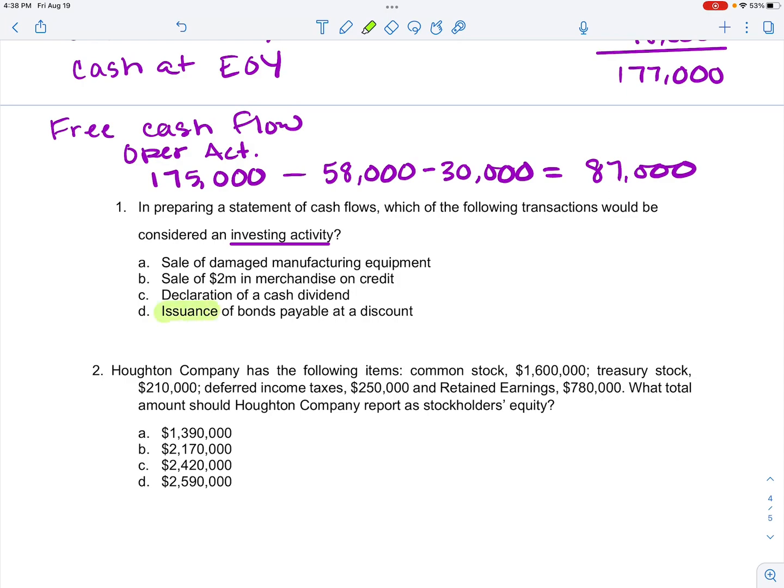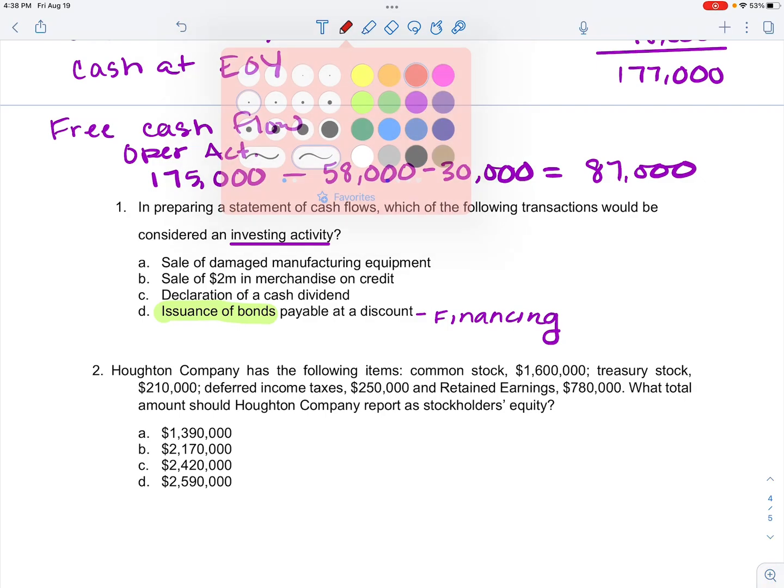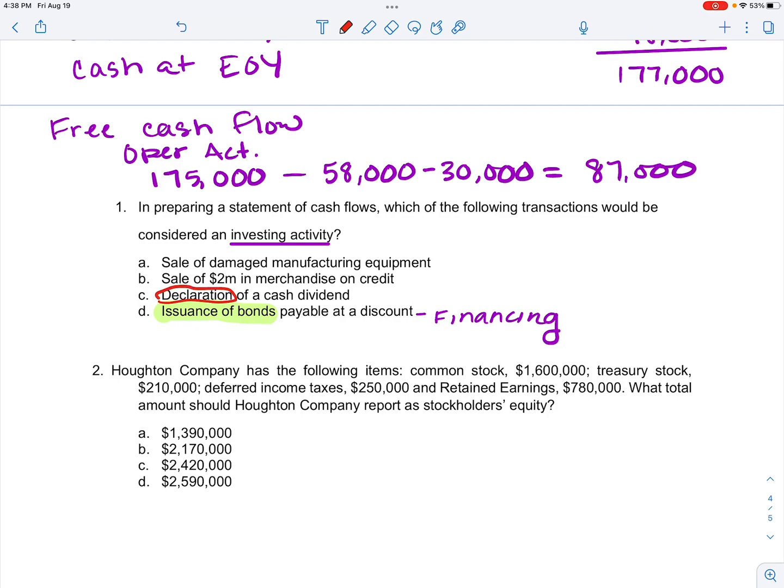So we're going to go through these because I know the answer and start at the bottom. The issuance of bonds, remember that's a financing activity. When it says here declaration, this creates a liability. It is not a cash activity. So that is non-cash. It's not going to show up in our investing section.